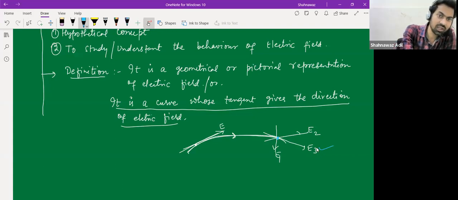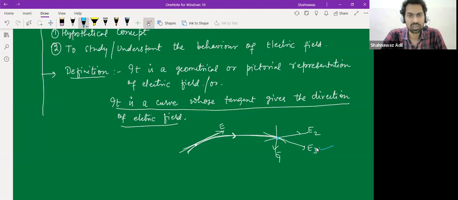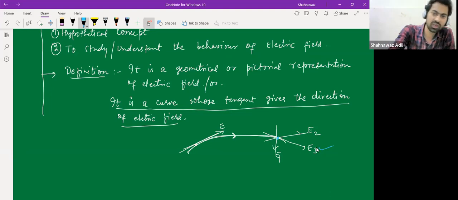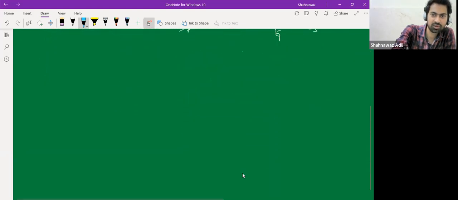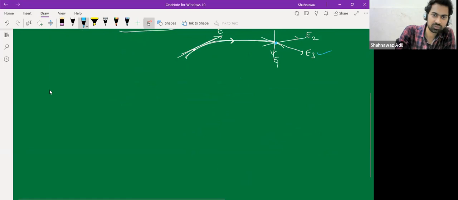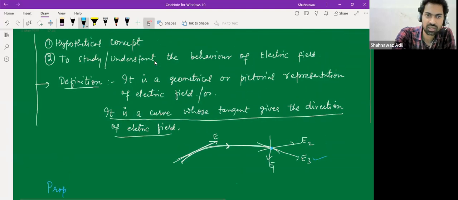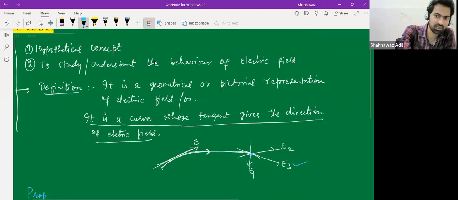So this will represent the direction of the electric field. That is why these electric field lines are very important to understand the behavior of the electric field. And there are some properties of electric field lines, so let us understand those properties one by one. Before I move on, just note down this part.